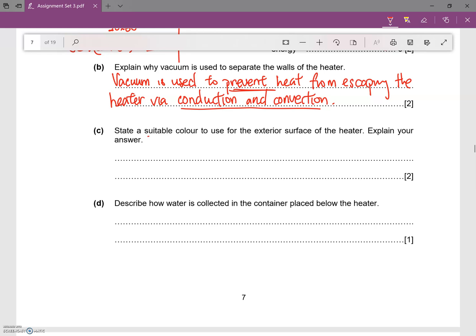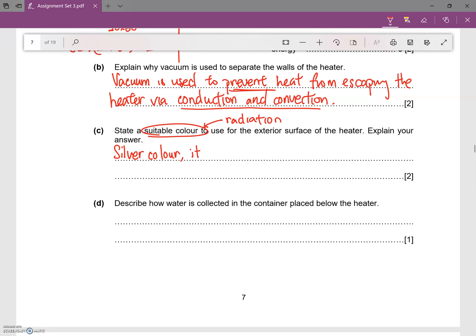Now, part C: state a suitable color to use for the exterior surface of the heater. Explain your answer. Now, we talk about color here, so this actually goes into radiation already. This whole part so far is on the transfer of heat. When we talk about colors, it's really about radiation. So what color actually helps to prevent heat from escaping? We're looking at silver color.